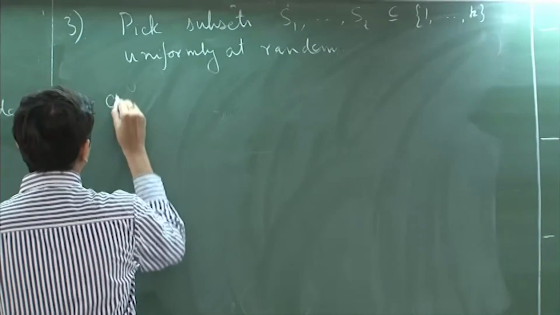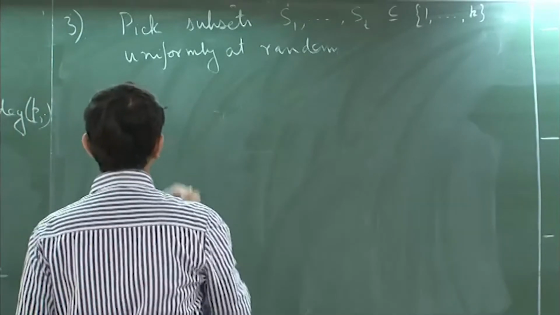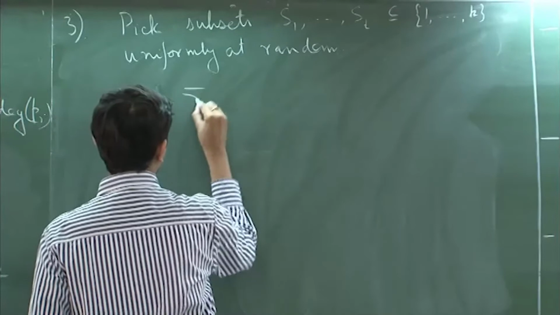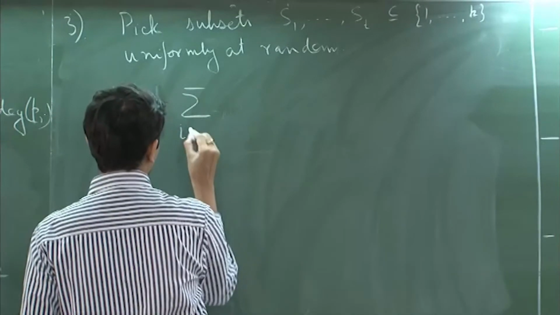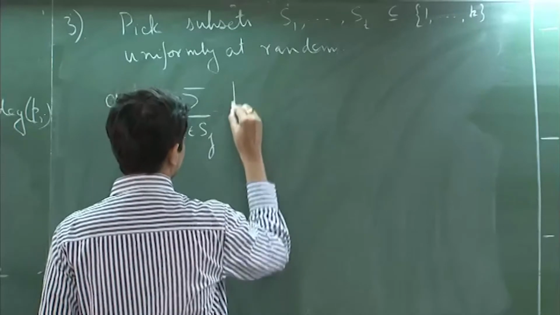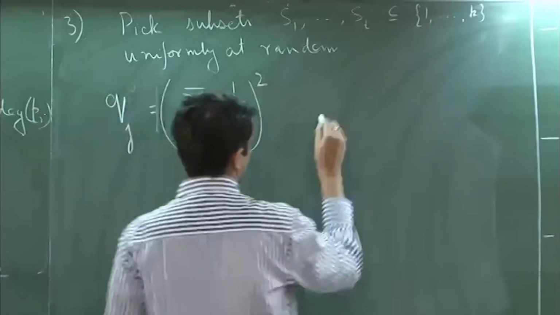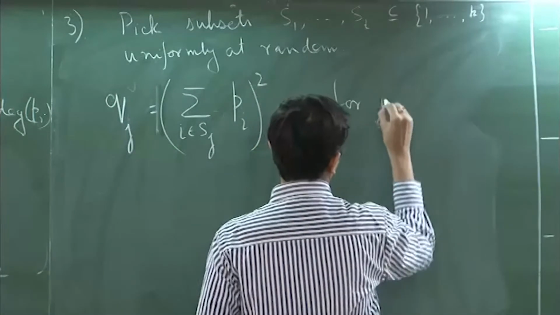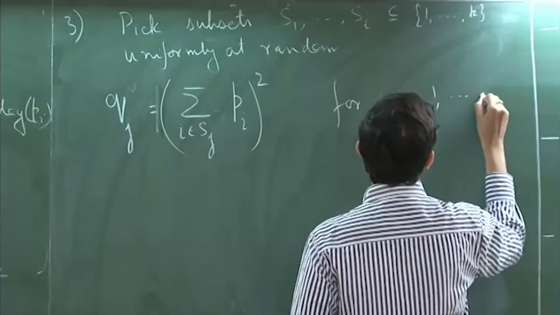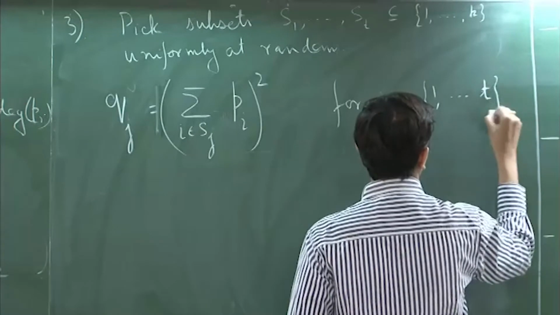And then we will define Qj as equal to sigma i belonging to Sj of Pi, whole square, for j in one to t.